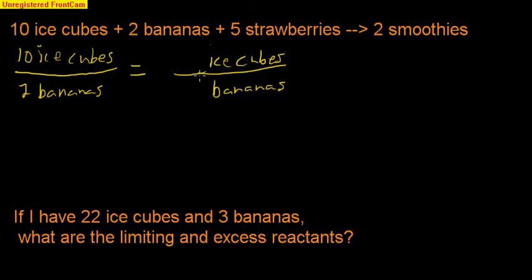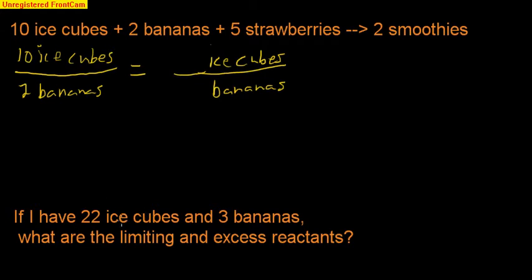Something analogous would be if I had 2 people in a room and told you that one of them is a boy, you automatically know that the other one is a girl. It's just like the definition: once you have one, you know what the other is because there are only 2 examples. So limiting and excess. Let's go ahead and pick ice cubes.